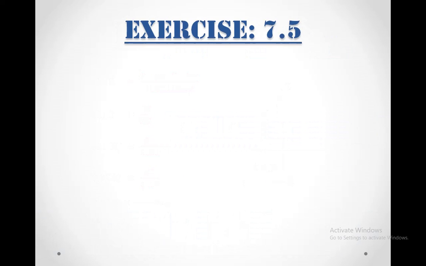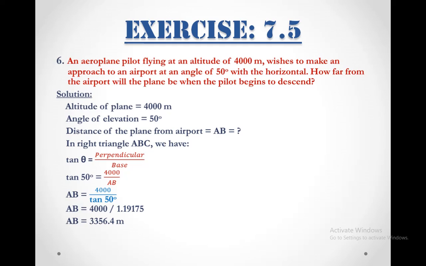Moving towards the next question, that is question number 6. Statement says an aeroplane pilot flying at an altitude of 4000 meter wishes to make an approach to an airport at an angle of 50 degree with the horizontal. How far from the airport will the plane be when the pilot begins to descend?